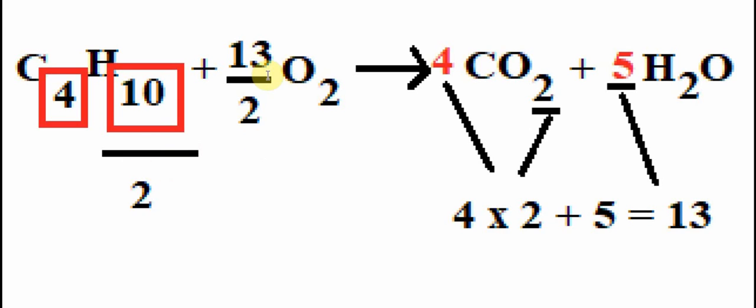After that, if we get the equation like this, we multiply everything by 2, so that this one will eliminate the number 2 here, and this is the number 2 in the organic, and this number 4 will change to 8.